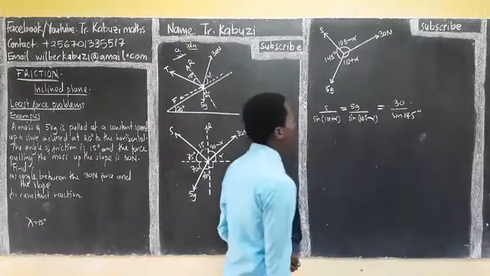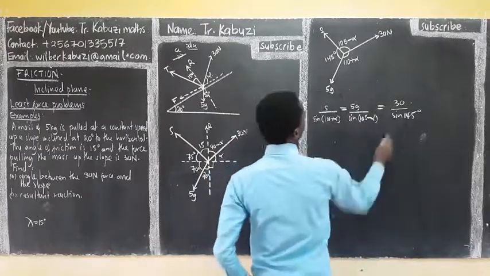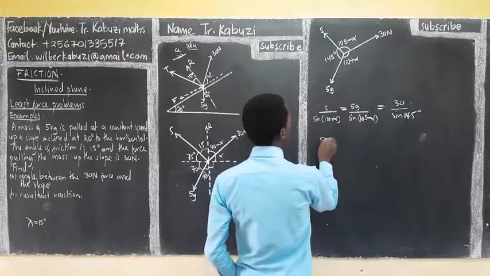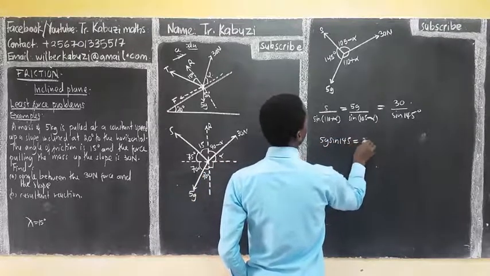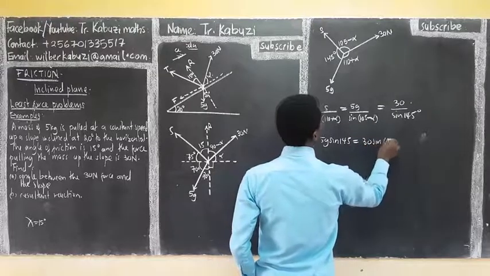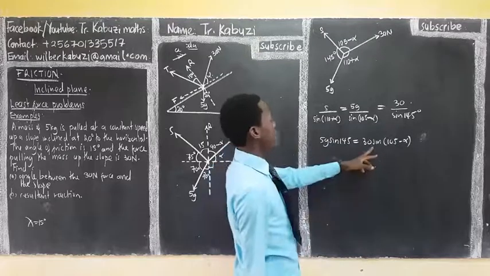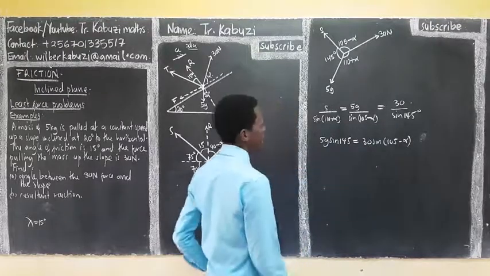So now, from there, I think we see that we can aggregate this. So from there, if you cross multiply, 5g times sine 145 will be equal to 30 times sine of 105 minus alpha. So I want this, so I can divide by 30.